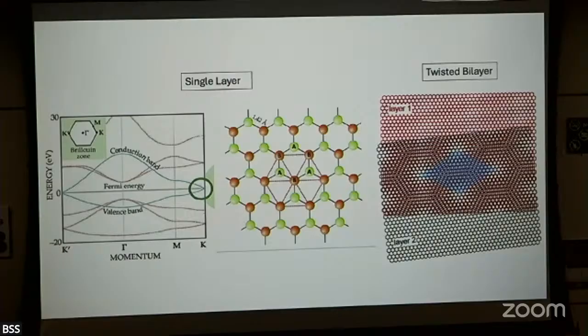Okay, so I'm not going to survey this whole subject. I'm going to talk only about twisted bilayer graphene and twisted transition metal dichalcogenide homobilayers. They have been very interesting examples, so they're good ones to talk about.